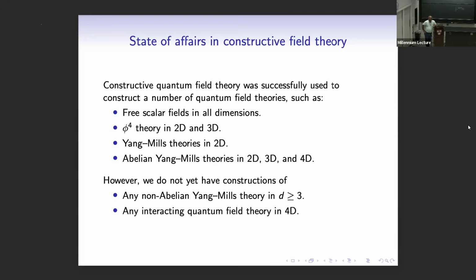As you may know, just a few years ago, there was this big result that phi-4 theory in 4 dimensions is trivial. Interacting means that the probabilistic object that you construct is not a Gaussian field. It's a non-Gaussian field. That corresponds to an interacting quantum field theory.